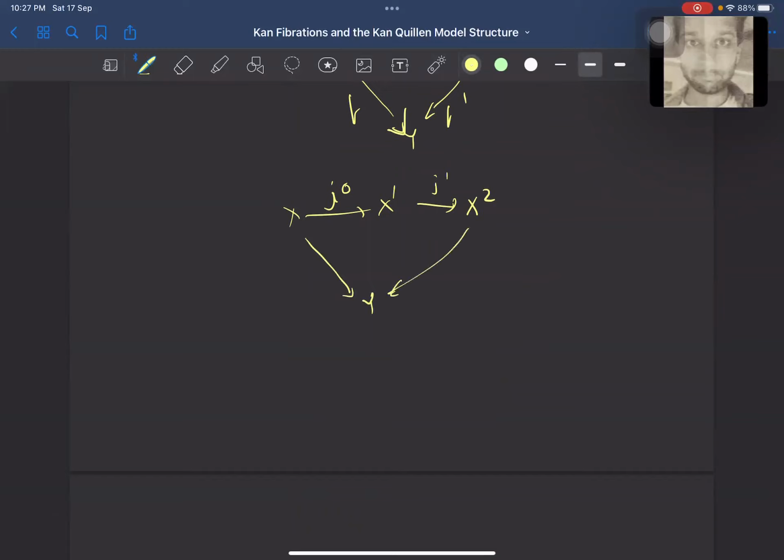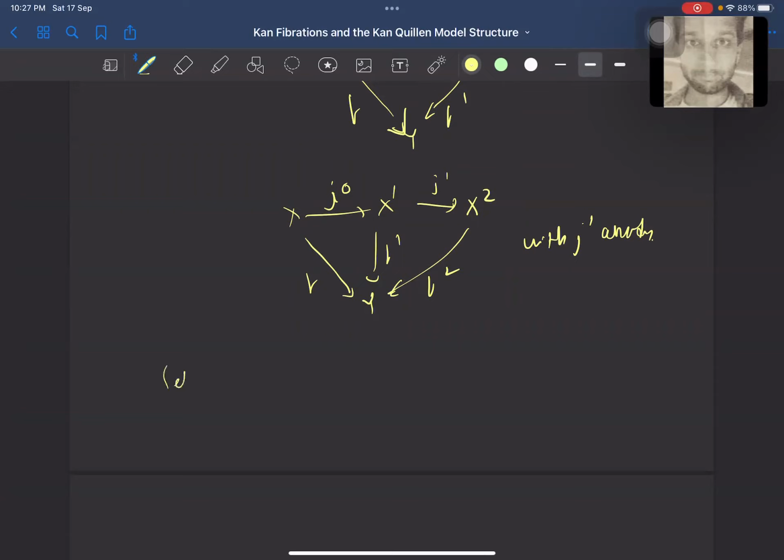So we'll get a factorization of this form with J1 being anodyne.